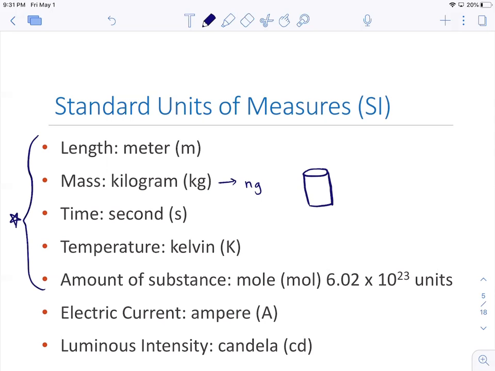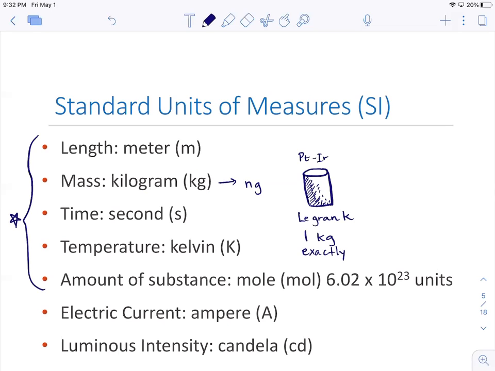So it's this hunk of metal, and it was Lagrange K, because they're all French. It is this one piece of platinum iridium metal that they measured everything off of. So up until a few years ago, any scale that you use in a chem lab to measure out your little grams could trace its calibrations back to Lagrange K, which is crazy to think about.